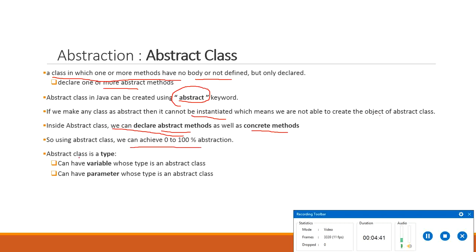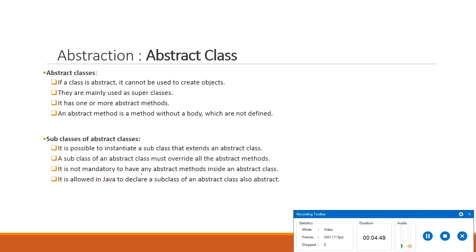An abstract class is a type. It can have a variable whose type is an abstract class. It can have a parameter whose type is an abstract class. Now we are going to talk more about abstract classes.